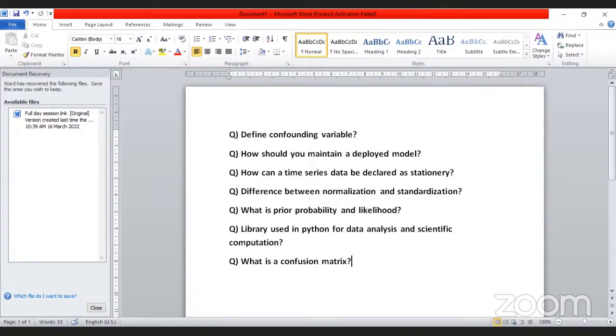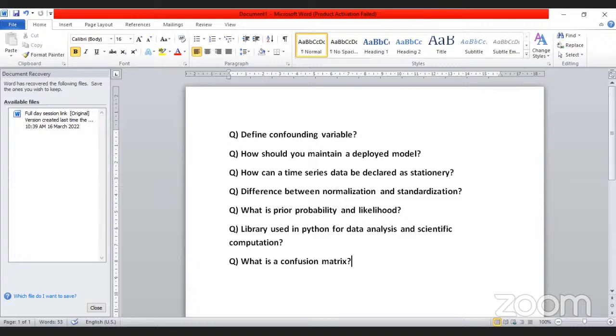In the confusion matrix we have true positive, false negative, true negative, false positive values.